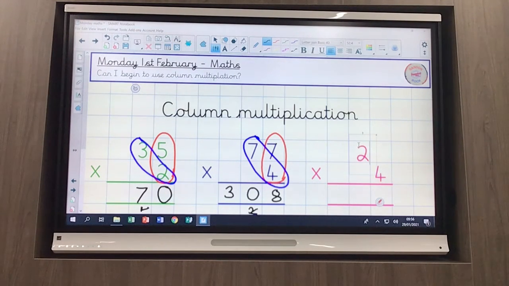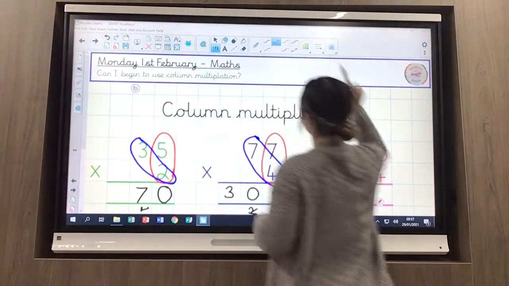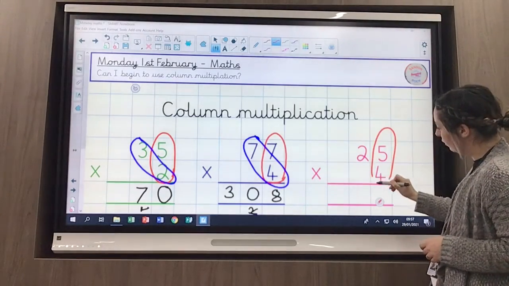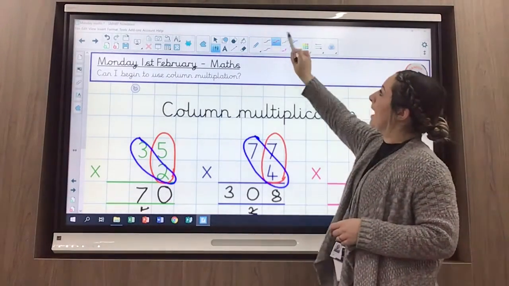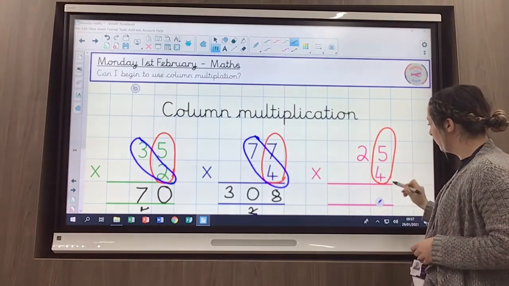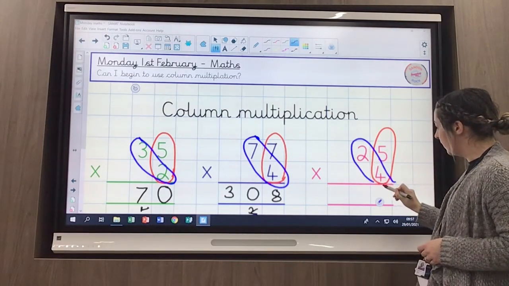Let's do 25. Okay, sorry about that. So we've got our ones column in red. So I'm going to circle my ones, and then I've got my blue for my tens. And I'm going to circle this one here as well.